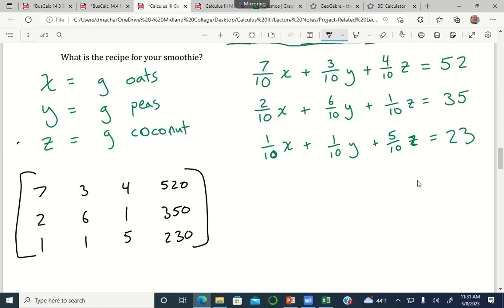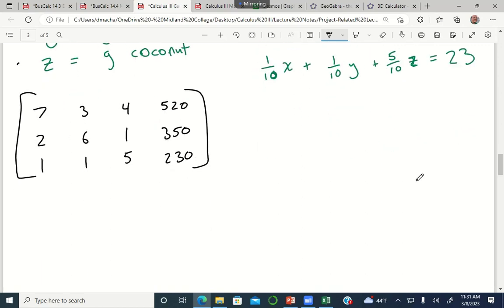Okay. Let's start out by subtracting 3 times my second equation from my first equation, right? I've had the 7, and I want it to be a 1, because I want 1s on my diagonal, right?